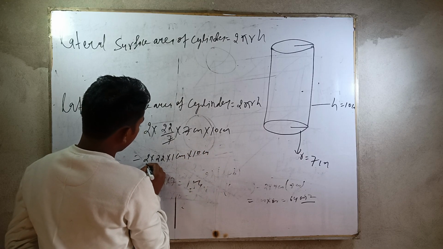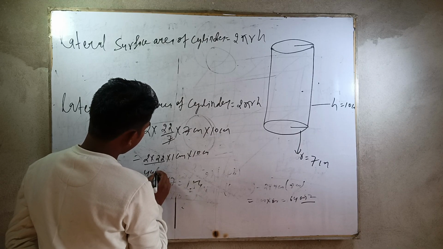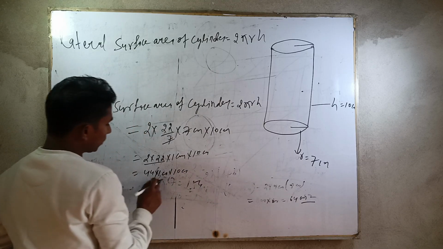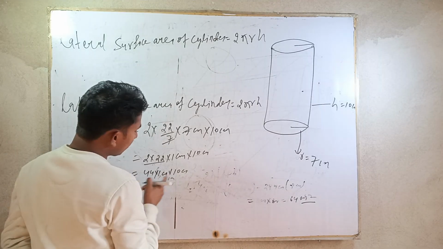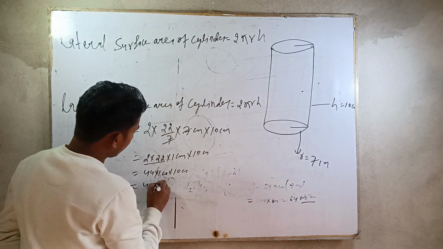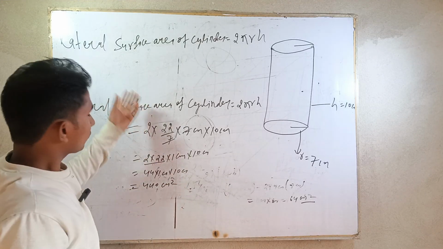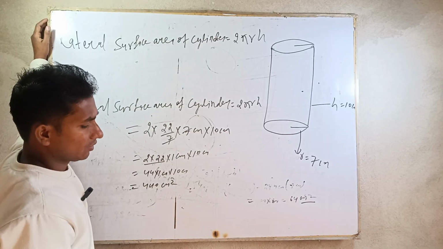Now it is 44 centimeter, 44 cross 1 centimeter cross 10 centimeter. 44 multiplied with 1 is 44. Again 44 multiplied with 10 is 440 centimeter square. So this is the lateral surface area of the cylinder.